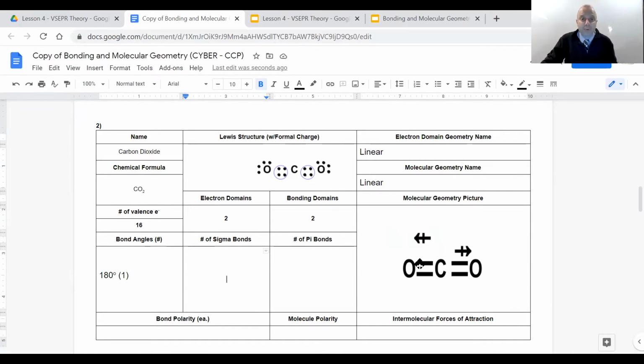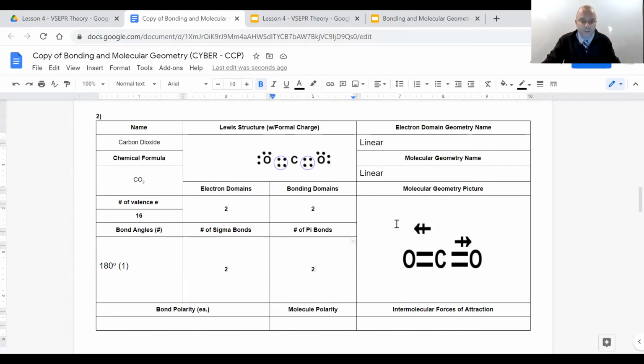That's why in all of the examples that we've seen previously, we've only talked about sigma bonds. Now that we have a double bond, think of one of the 2 as being a sigma and the other one being a pi. So 1 sigma, if you look over here, 1 sigma and 1 pi, 1 sigma and 1 pi. So we wind up with 2 of each. So a double bond is 1 sigma and 1 pi. Because we have 2 double bonds in this molecule, we have 2 of each.